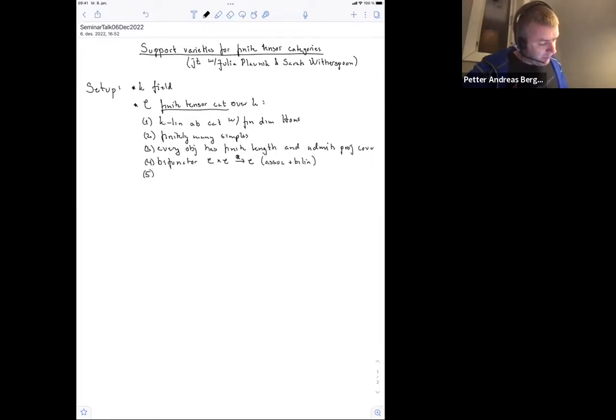And there's a unit for this tensor product, which is usually written as, say, bold 1. And that's a simple object. It's one of the simple objects.